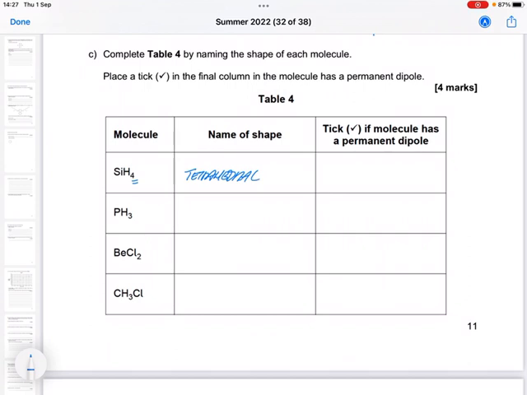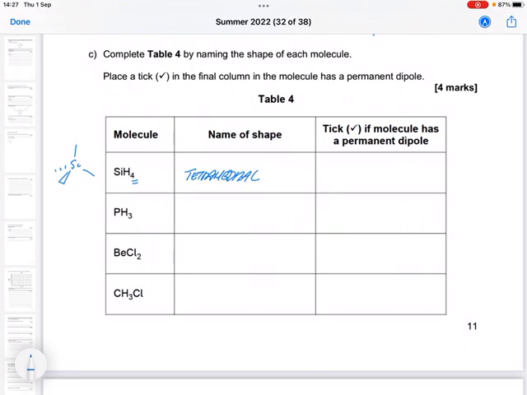Now, the silicon-hydrogen bond, even if it was polar, because of the shape, and I'll just draw it here. So even if it was polar, the dipoles would cancel out, which means this is going to be non-polar. So the molecule does not have a permanent dipole, so I am not going to tick that box.